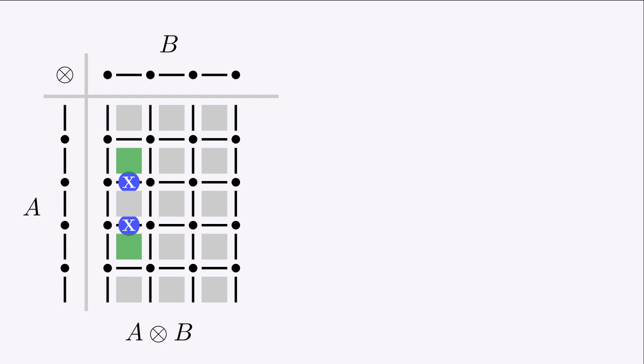And if we try to make a little loop like that, we get a stabilizer. And if we make loops of Z operators, we get a face stabilizer.